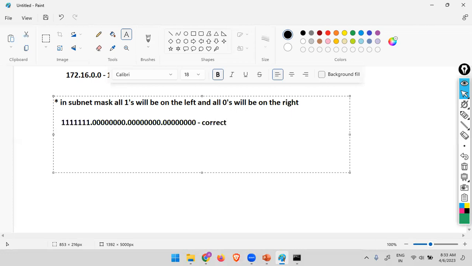But if I say the same thing like this, let's say, for example, now this is incorrect. Why? Because we have 1 0 1 0. No, it will never happen. Not a single one will be there. All the ones will be on the left, all the zeros will be on the right.